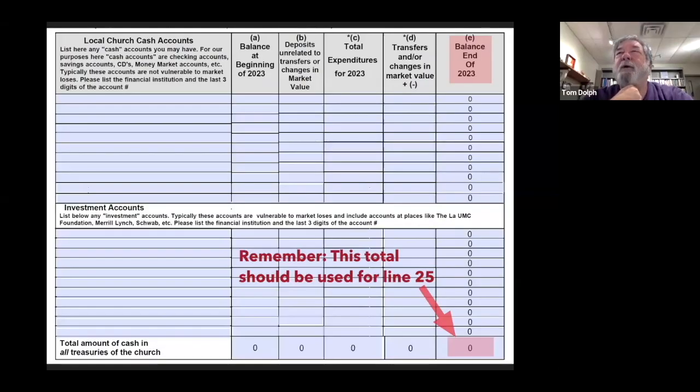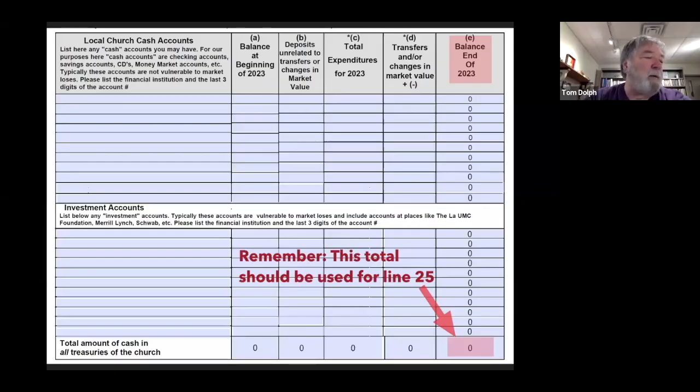Those are difficult to track, and this is for actual cash on hand. So your investment accounts may have some unrealized figures. Do your best as you can with those.